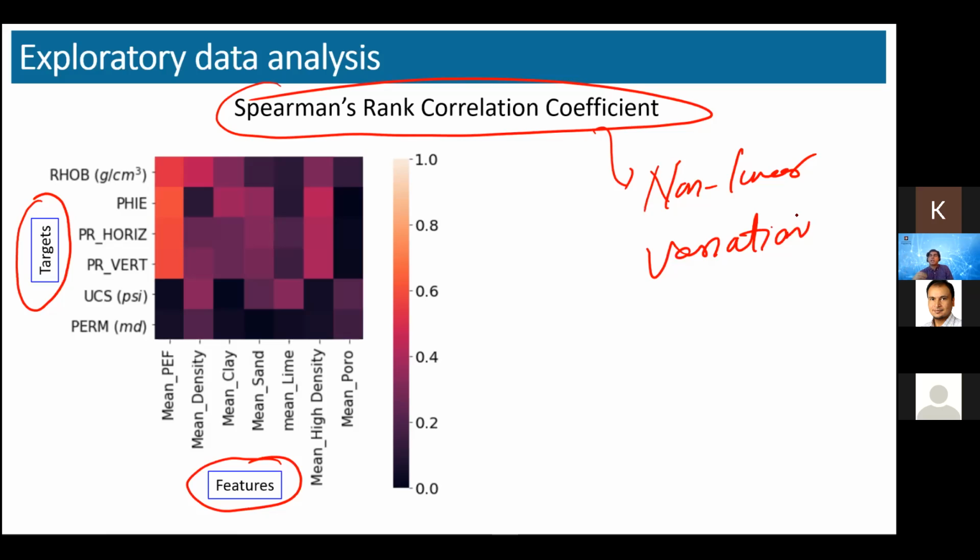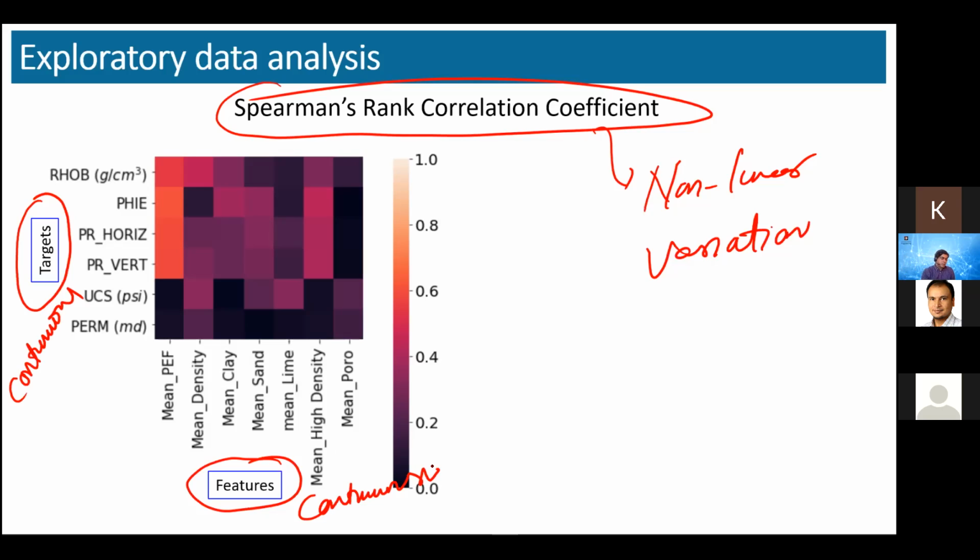Some of them are for categorical data, some of them are for continuous data. Here, the target is continuous and the feature is continuous. Continuous in the sense these are numbers. These are not categories. These are not groups. These are numbers. So because they are continuous, Pearson and Spearman are pretty good ways of looking at correlation.